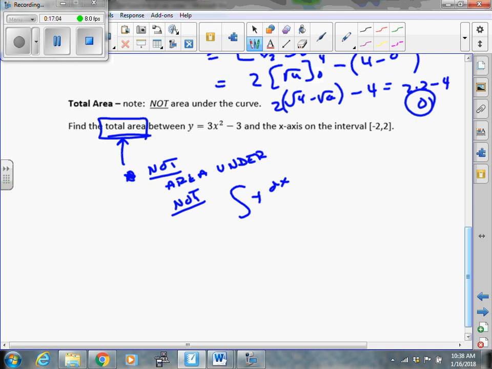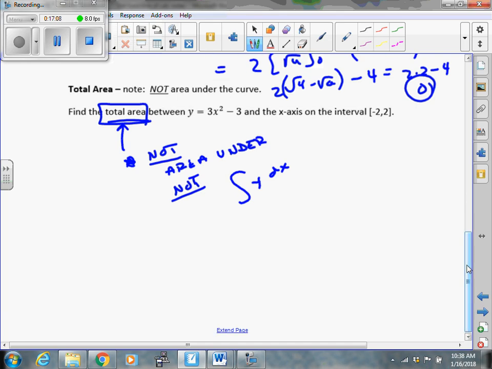So basically a total area is kind of like my total distance traveled. The integral would be my displacement. How far have I displaced? But when I'm asking for total area, it's kind of like total distance traveled. I added all my directionals. In other words, if I travel 7 in one direction and I travel 7 in the negative direction, I have a total distance traveled of 14. Okay, so that's kind of where this comes into play, total area.